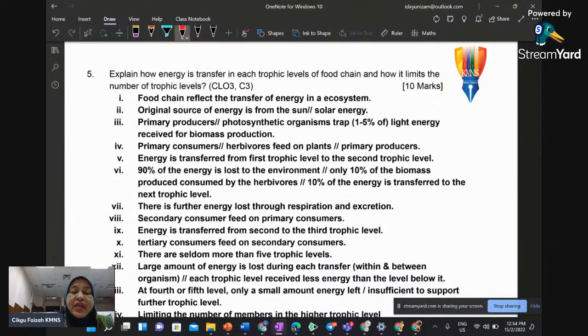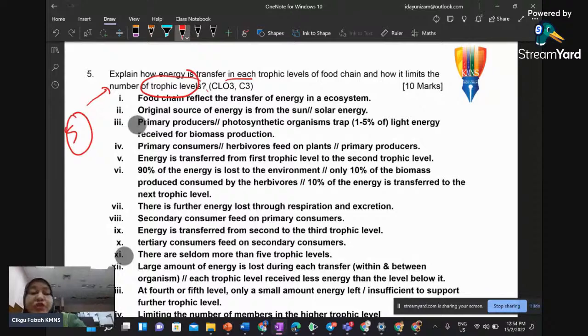The earlier question was also asked in structured form, but it can also be asked in essay form. So why is our trophic level usually limited to only 5? How is energy transferred from each trophic level in the food chain, and how does it limit the number of trophic levels? The teacher mentioned earlier that it goes up to 5 at most.